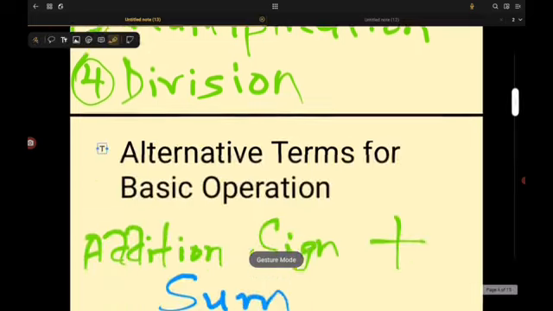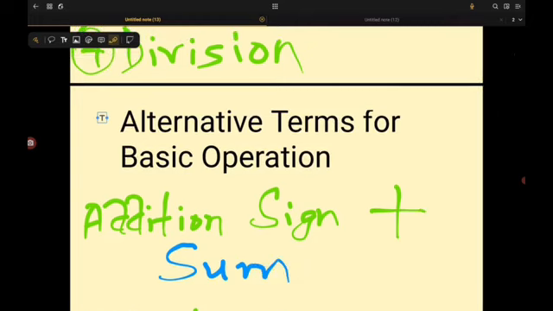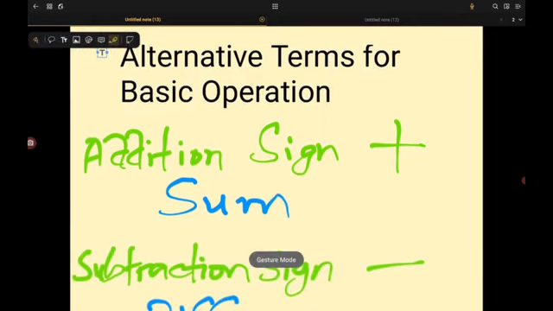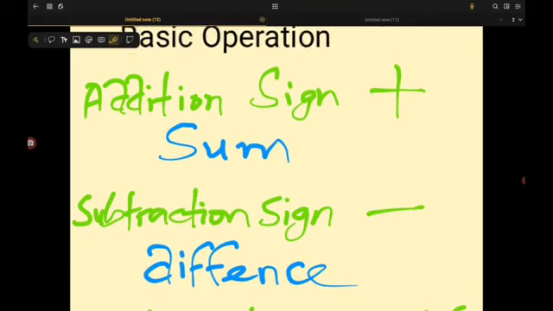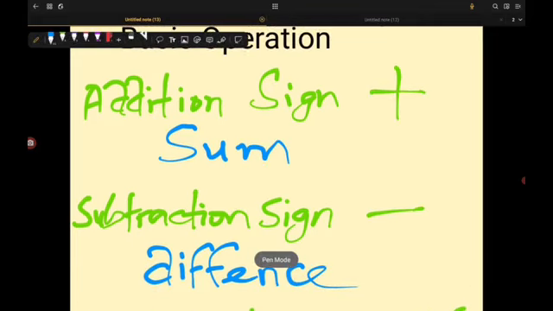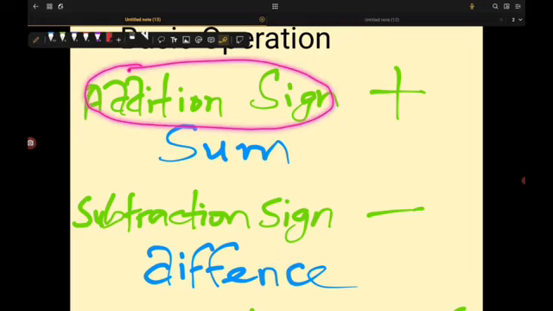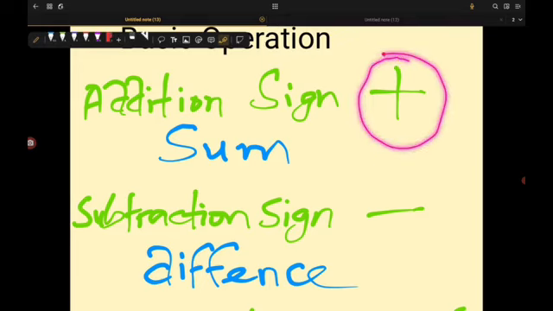We'll soon get there. There are alternative terms for the 4 basic arithmetic operations I just mentioned. And what are the terms? For the addition sign, which is popularly known as plus, the alternative term is sum.